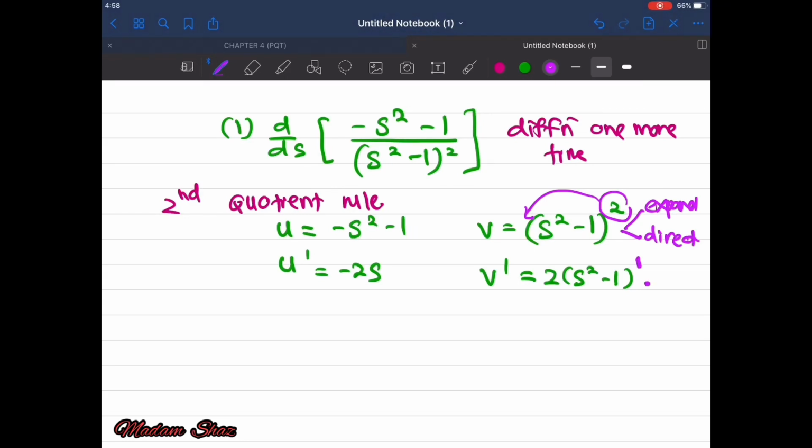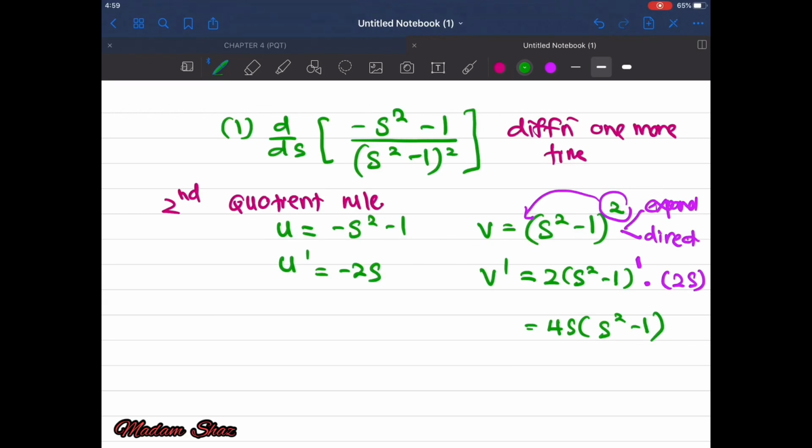Multiply with the differentiated terms in the bracket, which is 2s. Now simplify: 2 multiply with 2s will become 4s, 4s times s squared minus 1.